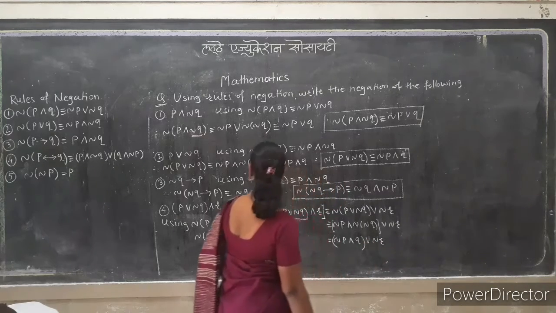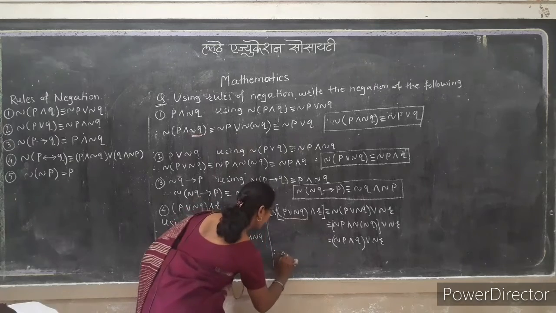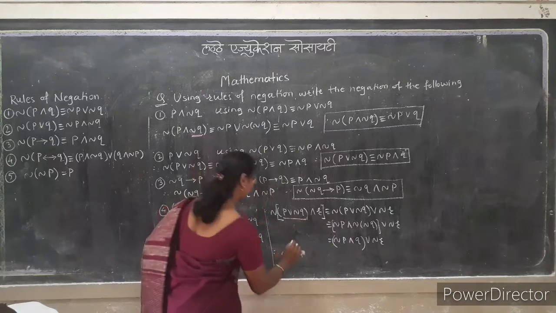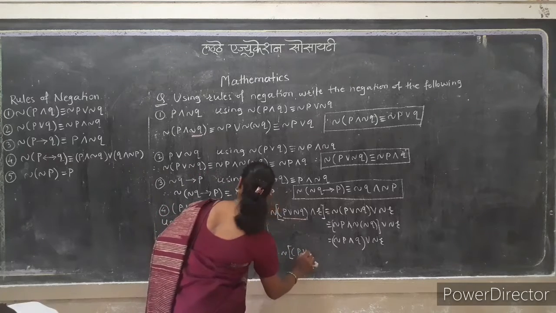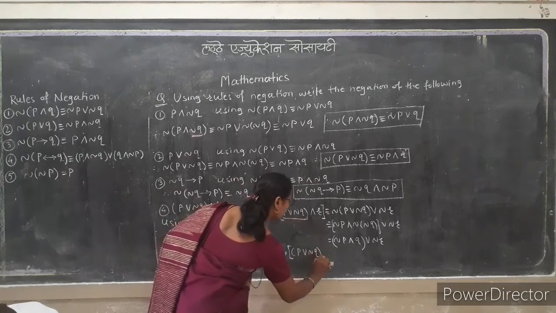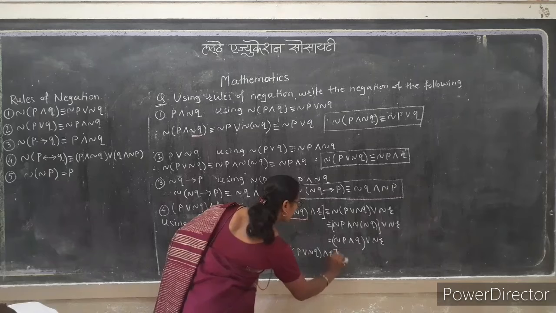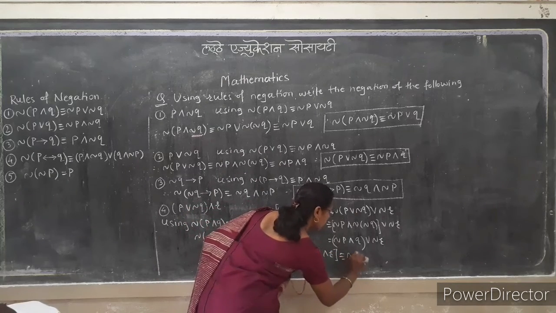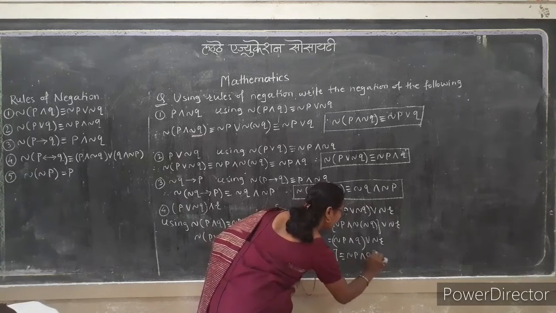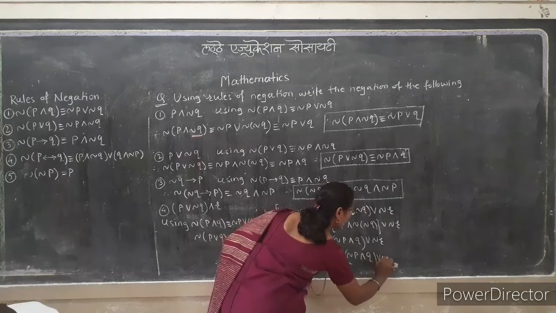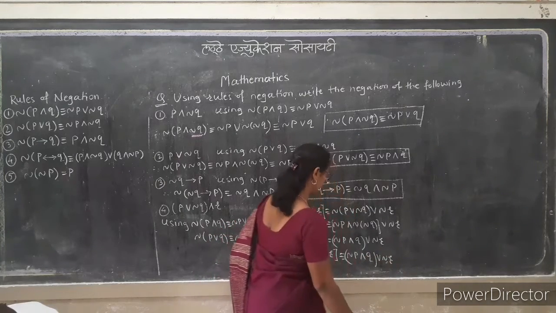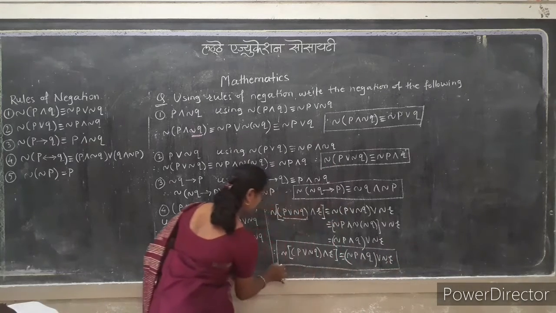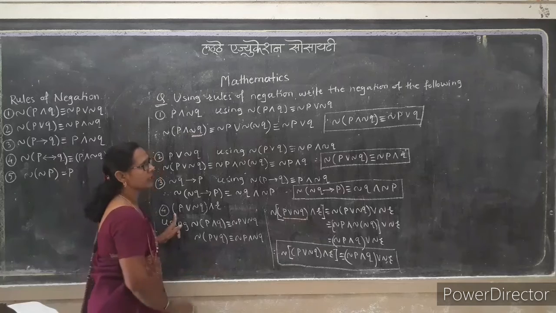Therefore we write here that the negation of (P ∨ ¬Q) ∧ R is logically equivalent to (¬P ∧ Q) ∨ ¬R. This is the negation of the given statement.